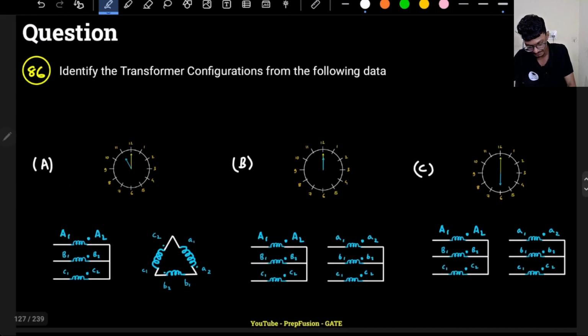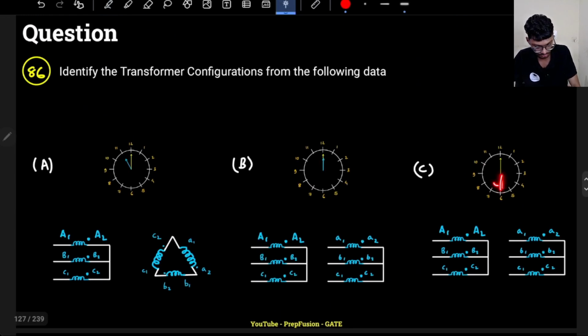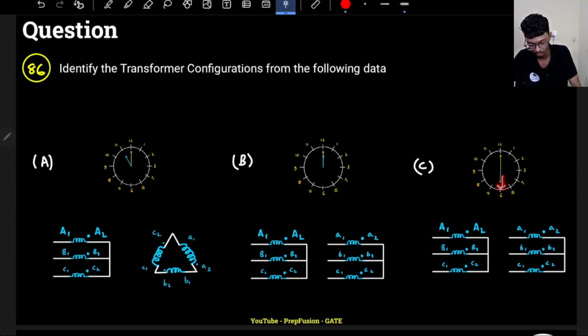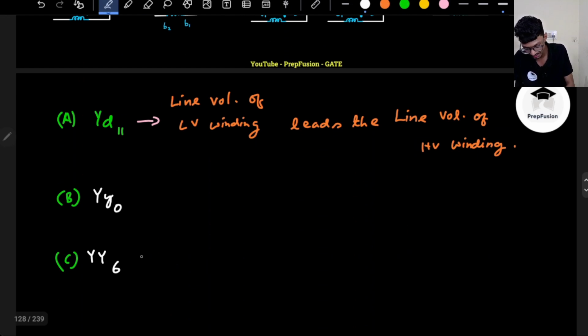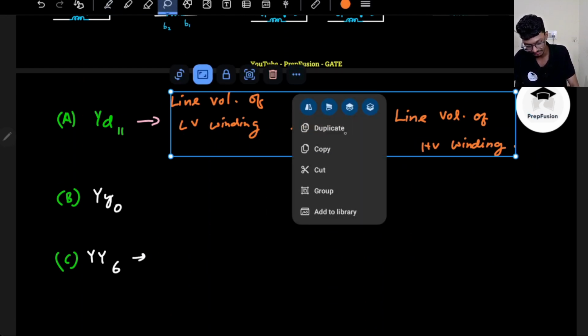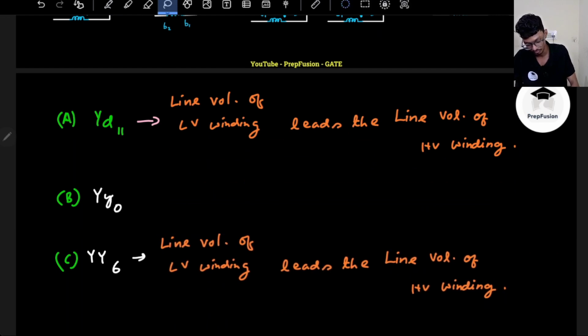And here it is phase opposition. So it is at 6 o'clock, so it will be YY6. Here I can comment that there is a phase difference of 180 degrees between the line voltage in the LV winding and the line voltage in the HV winding. You can write either lag or lead, because going 180 clockwise or anticlockwise is the same thing.